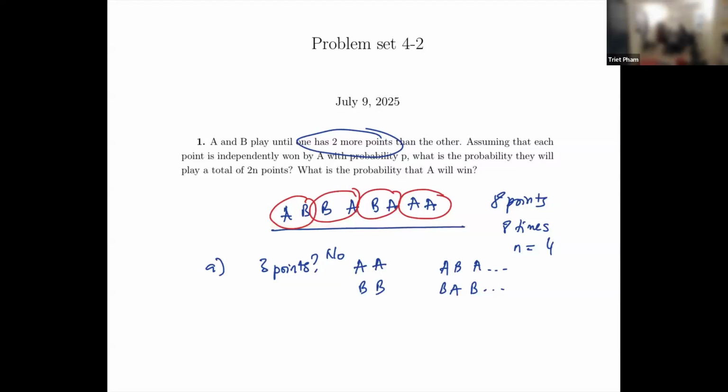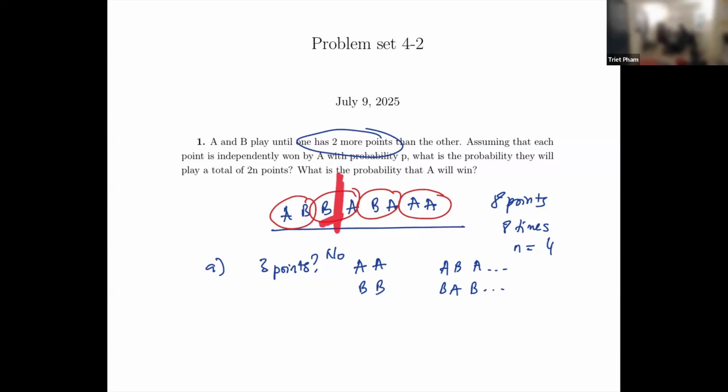The reason is, for each round of two games, either they tie and move on to the next round, or one of them wins that round and the game ends. So a game cannot end mid-round, because then you only have a 1 point lead and you can't have a 2 point lead.